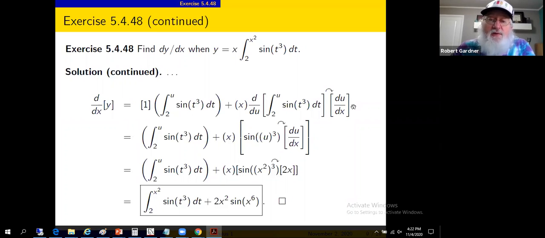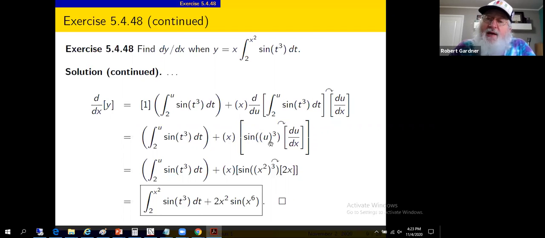Okay, there's the previous line from the previous page. What happens when you differentiate? All right, we got a product here. I'm just differentiating the stuff in the first pair of square brackets here. What happens when you differentiate an integral? You got the same thing there and there. Fundamental theorem of calculus part 1 says I simply take the integrand, sine t cubed, and replace the t with the upper bound.